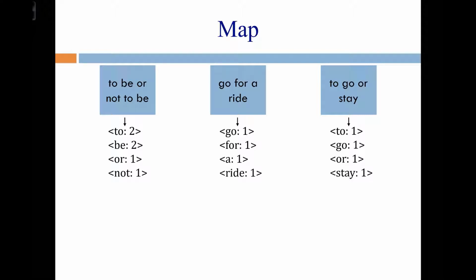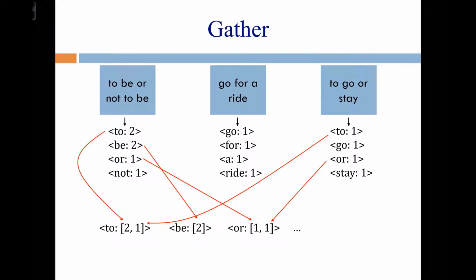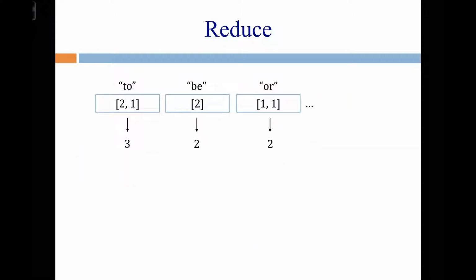And then the system collects all of those results, gathers them, and generates this intermediate step where we have a key of the word "to" and a value of all of the partial counts. So "to" showed up twice in one file and once in another file. "Be" showed up just twice in one file. And then that becomes the input to reduce.